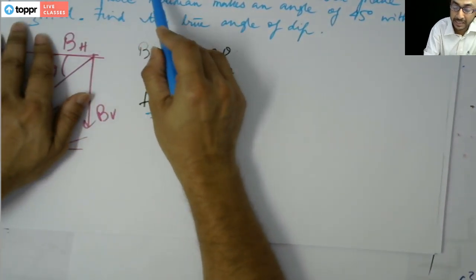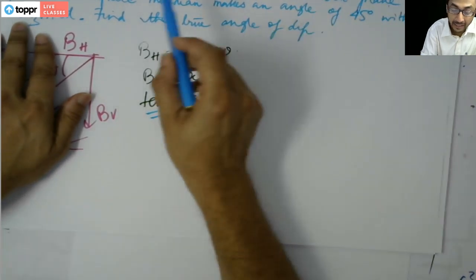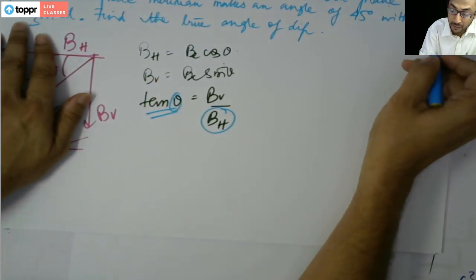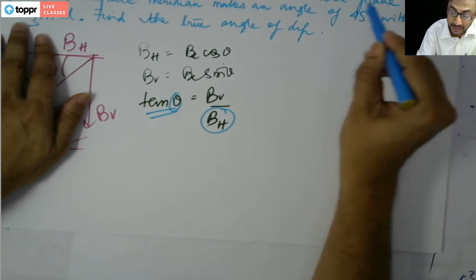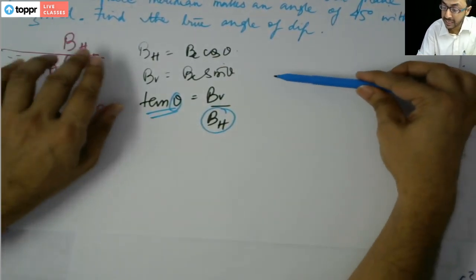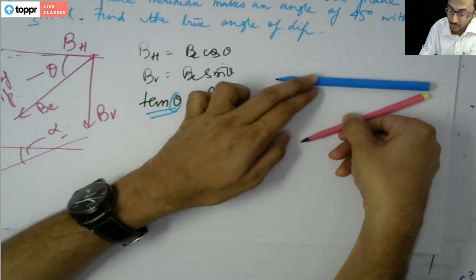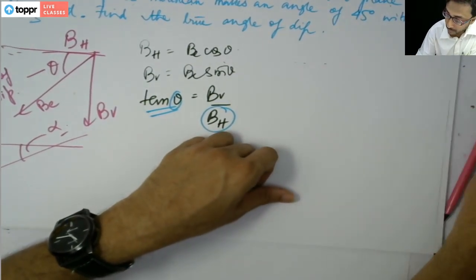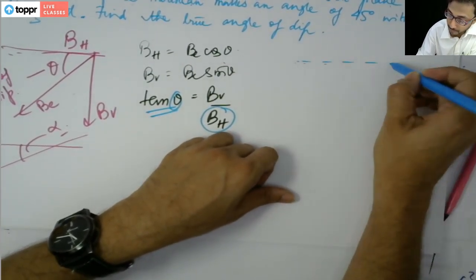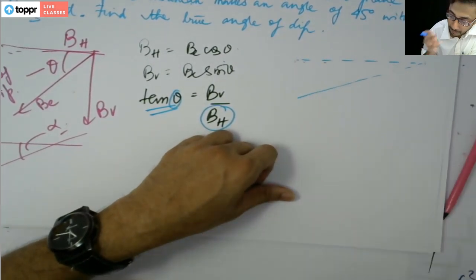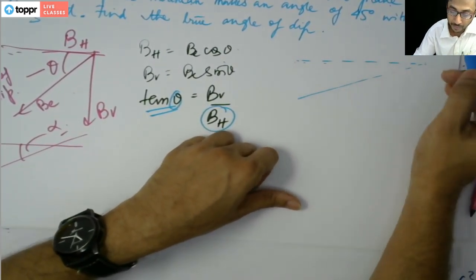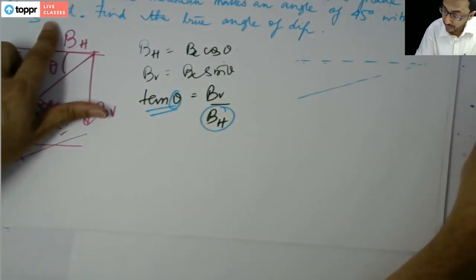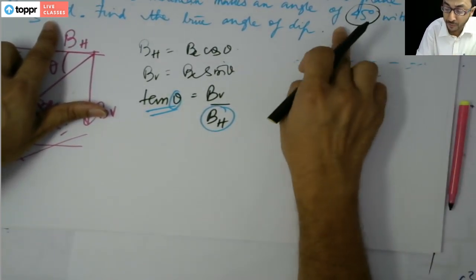A magnetic needle suspended in a vertical plane at 30 degrees from the magnetic meridian. So the angle of declination they have given is 30 degrees, because the magnetic needle is at an angle of 30 degrees with the magnetic meridian. If this is the magnetic meridian, the magnetic needle is in this direction, which makes an angle of 45 degrees with the horizontal. Now 45 degrees is the apparent angle of dip.